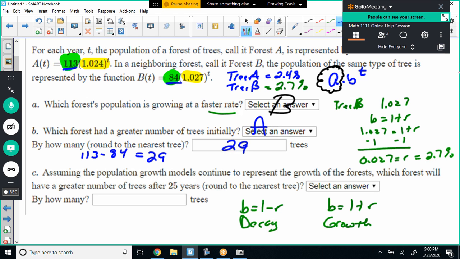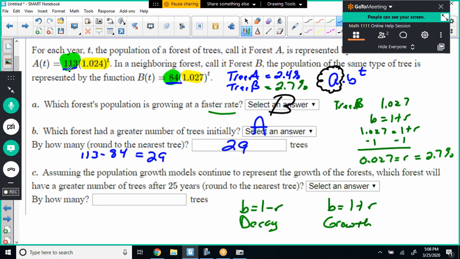Any questions up to there? You have to make sure exponential is written in the form a times b raised to the t, where b is the base and a is the initial value.